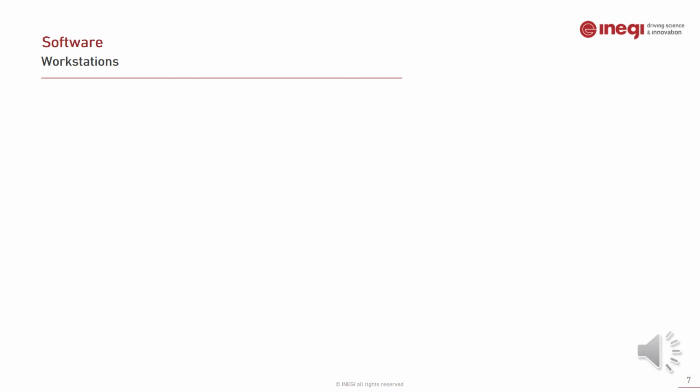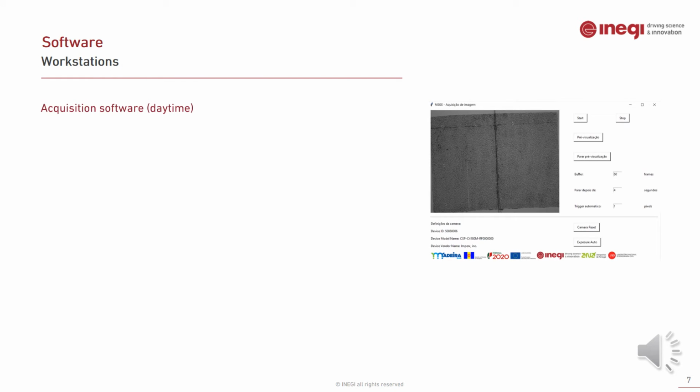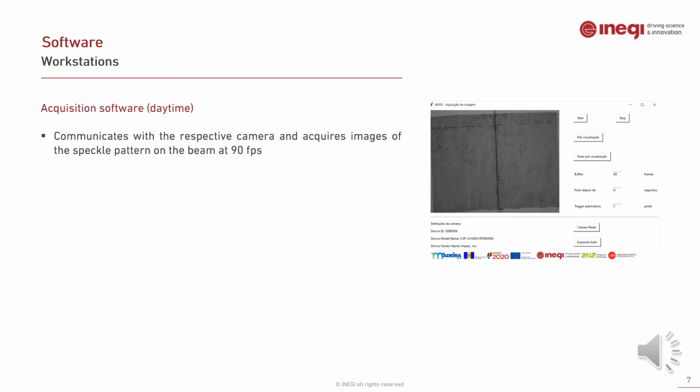We have 2 different programs running on the workstations. So one of them runs during daytime, which is not only when we have flights but also when we have sunlight. And this program communicates with the camera and acquires images of the speckle pattern.